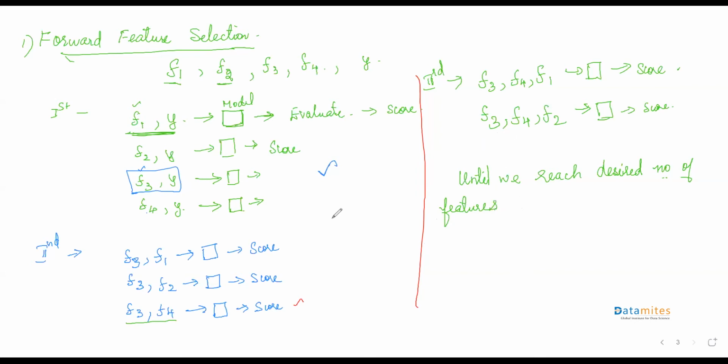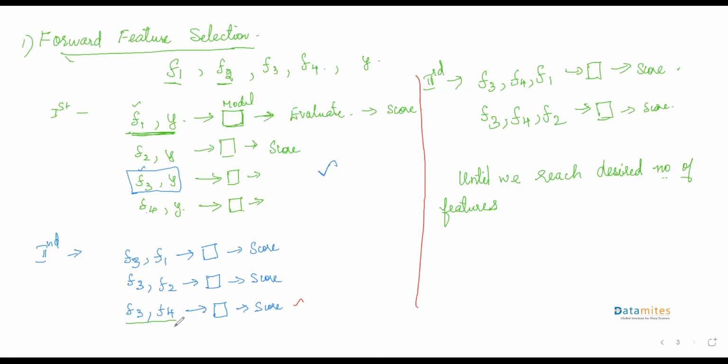So let's say when you have 100 features, it will try with a single feature first and find out which feature is the right feature. Whichever feature is going to give you good performance, that feature will be taken, and with that feature it is going to check the combination with other features to find out which combination is going to give the best score.